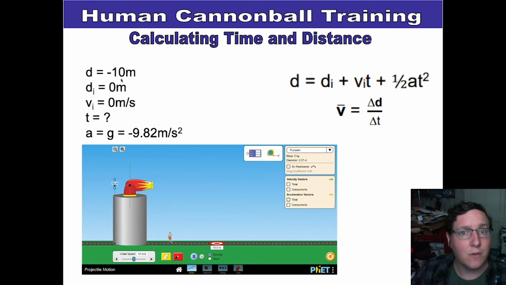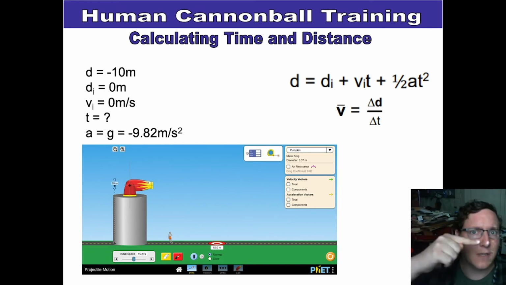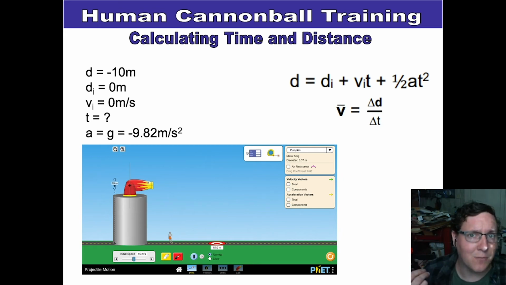And this is going to be a vector value because we need to know that we're going down 10 meters, and we know that the initial distance, our starting point, is going to be our origin, our 0, 0 location. And our initial velocity, even though we have an initial speed of 15 meters per second, that's not counting the vertical changes. The initial vertical speed is going to be 0. That's the same thing that happens when you're that skydiver jumping out of the plane.